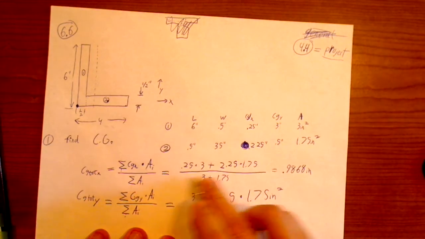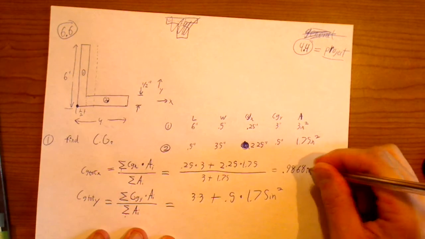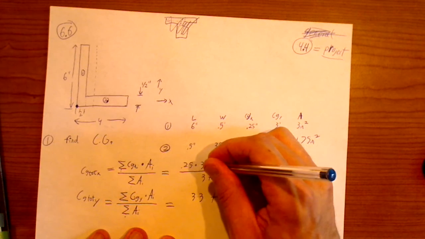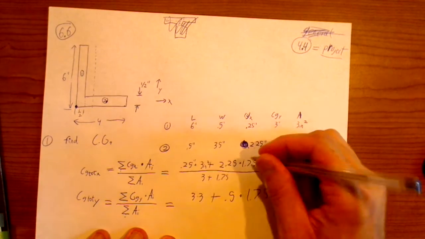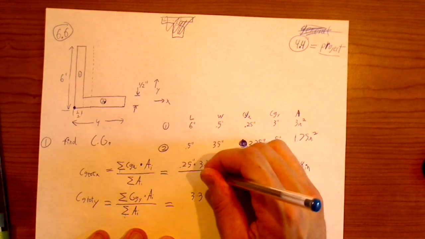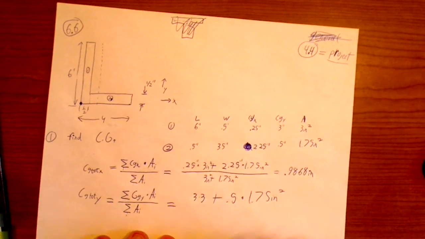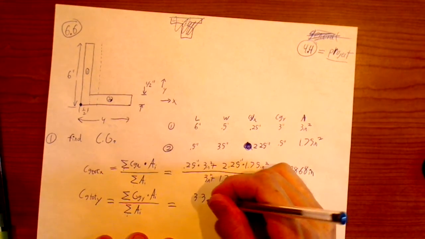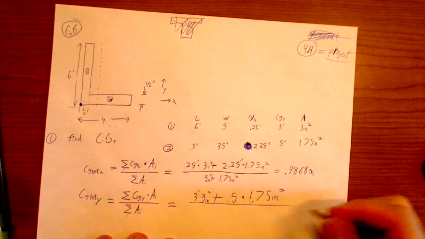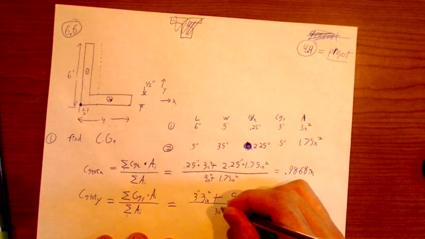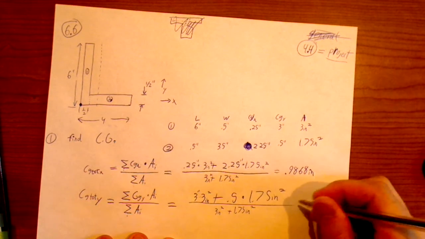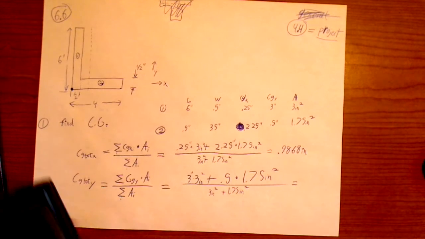I was not careful about leaving units through this, but I should have been. We'll go back and put it in real quick. There. Okay. And then that is inches squared, and then that's inches all over 3 square inches plus 1.75 square inches.